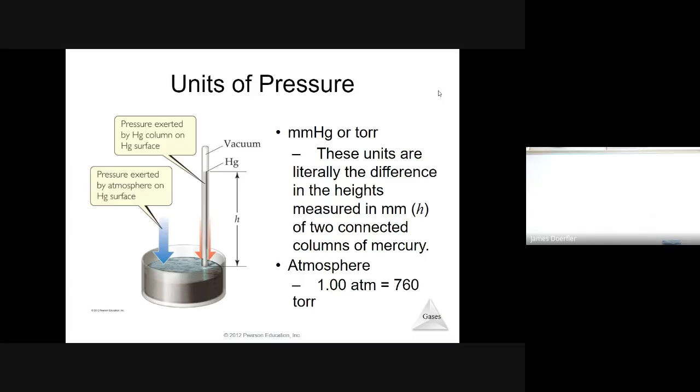And torr is a 1-to-1 ratio with millimeters of mercury. That's because Evangelista Torricelli was an Italian mathematician and physicist who basically pioneered and dedicated his studies to the idea of a barometer. Where do we use a barometer? In what aspect do we typically hear about barometer?